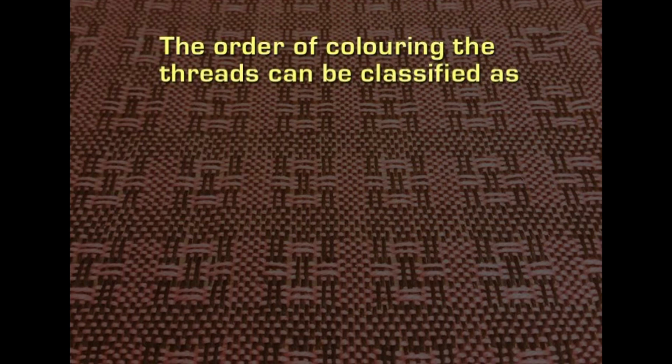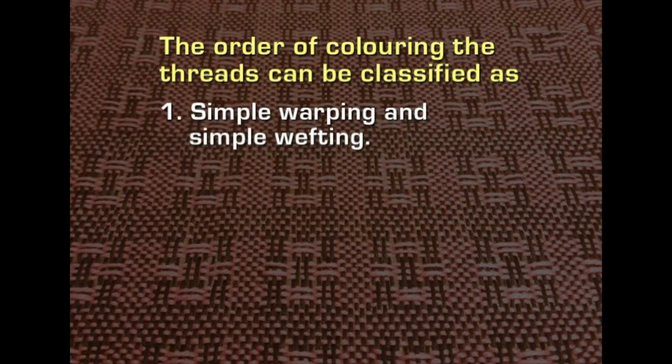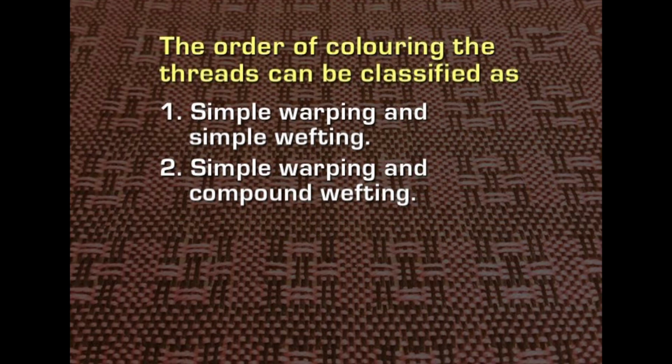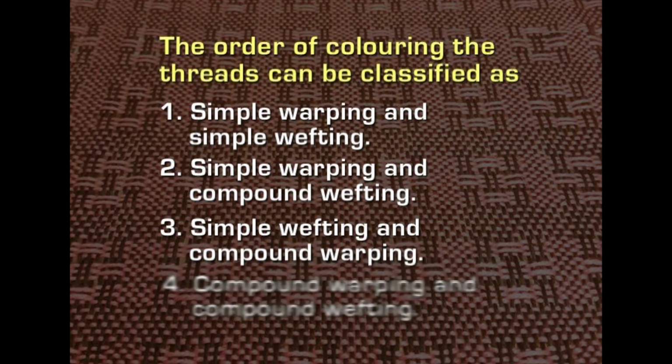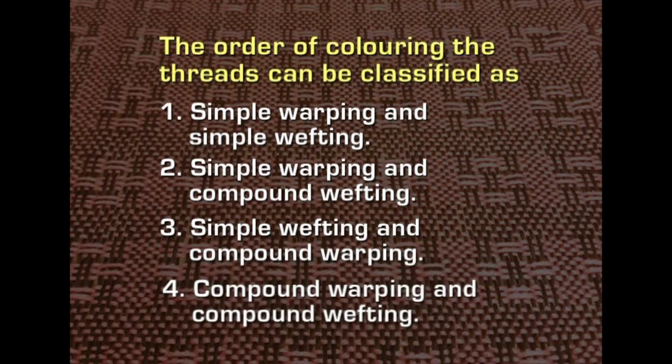The order of coloring the threads can be classified as simple warping and simple wefting, simple warping and compound wefting, simple wefting and compound warping, and compound warping and compound wefting.